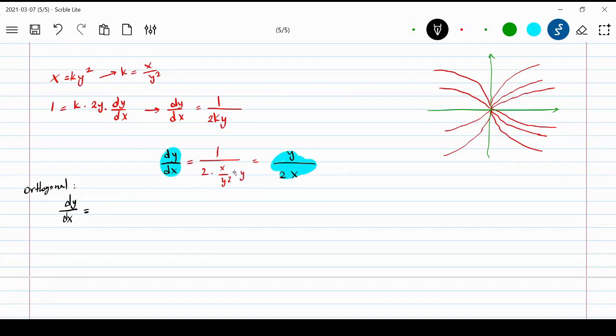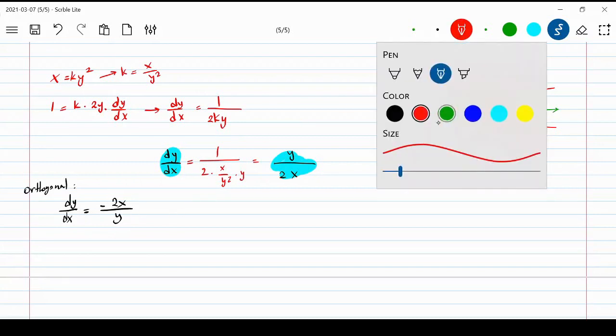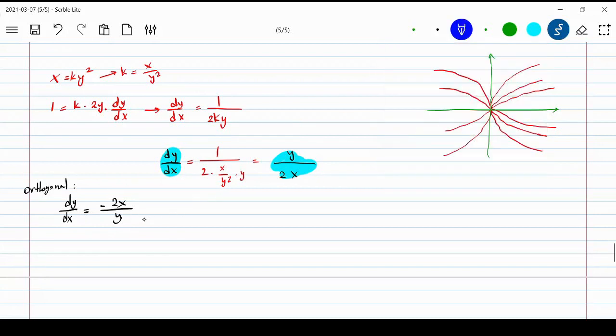So it would be the reciprocal of that multiplied by a negative: negative 2x divided by y. And now we have a differential equation. We want to find out what y is. So throughout this process, I can now go on and solve. Solving this equation, we get y times dy must be equal to negative 2x times dx.